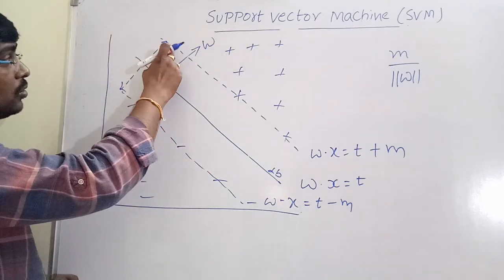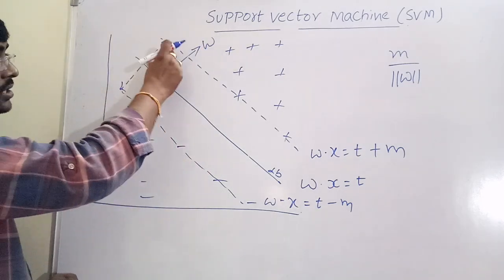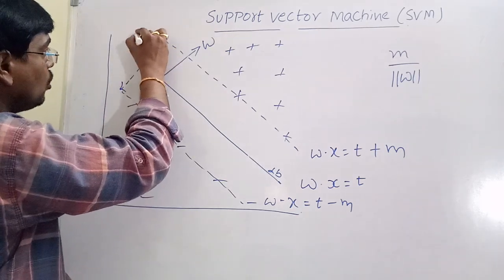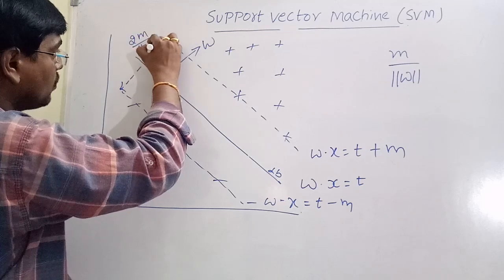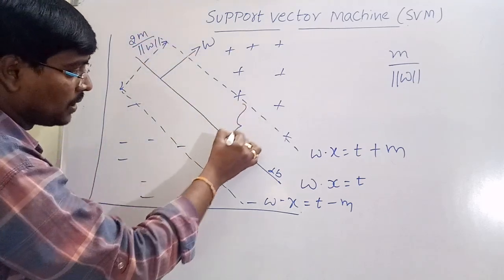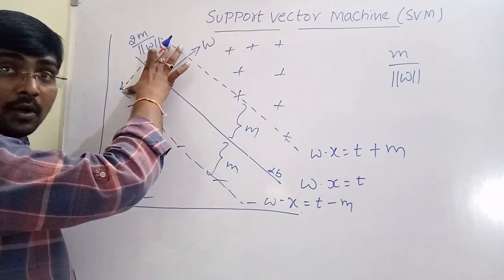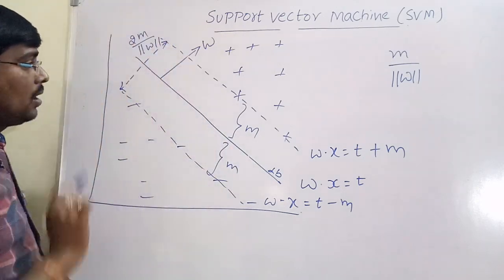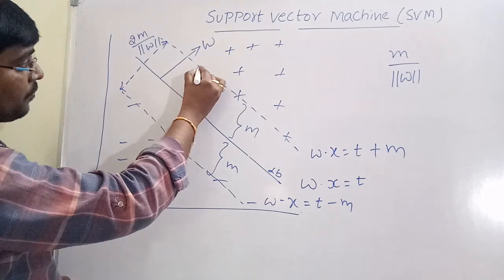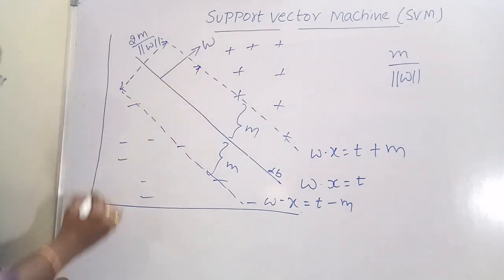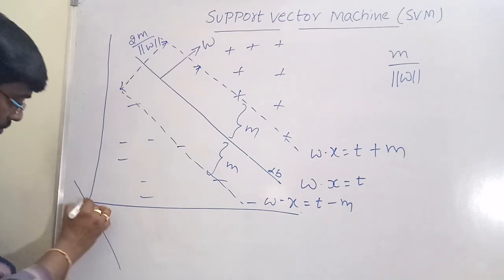From this position to this position, this is M, this is also M. So the total value is 2M by mod W. Simply remember, this is M, this is M, so the total is 2M by mod W.